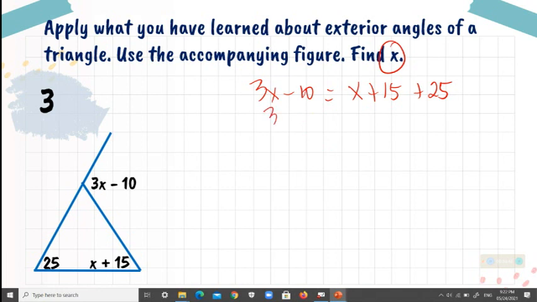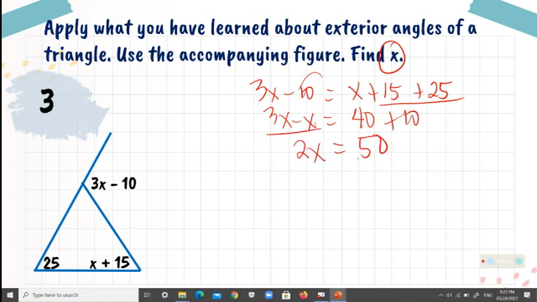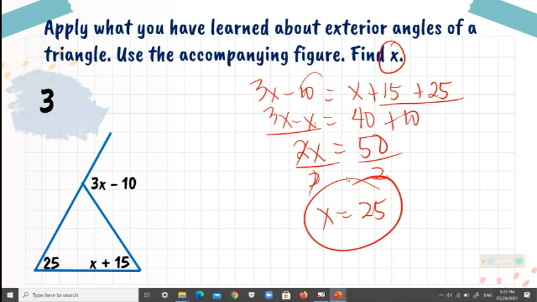And then you will have 3x minus x equals 15 plus 25 is 40. Then you will have here positive 10. 3x minus x is 2x equals 50. Then divide both sides of the equation by 2. So your x now is 25. Okay? So since the direction is just find x, so we're done with number 3.